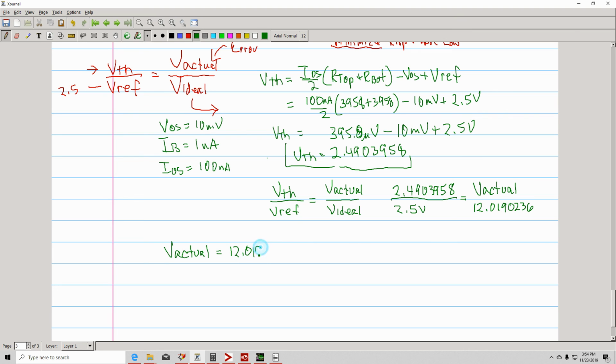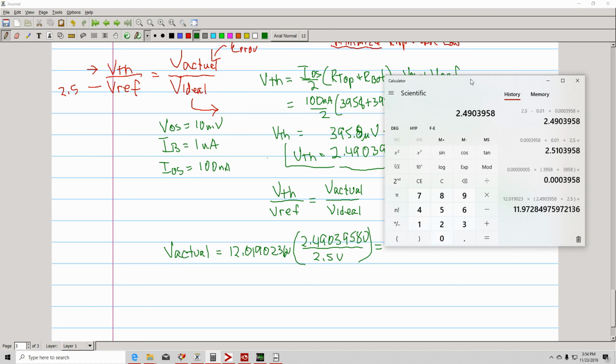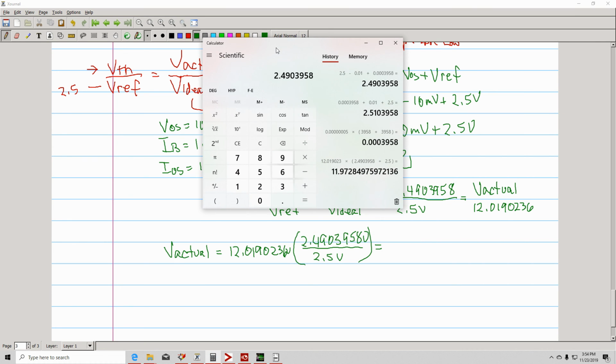Okay, so we're going to do 12.0190236 and then this is 2.4903958, 2.5 volts. Okay, and let's see what we get. Just bear with me, I'm getting there.